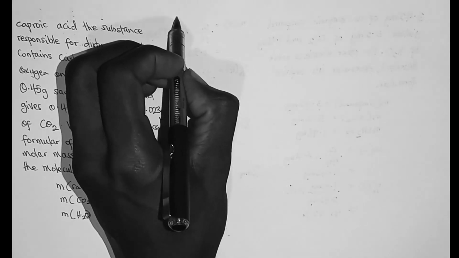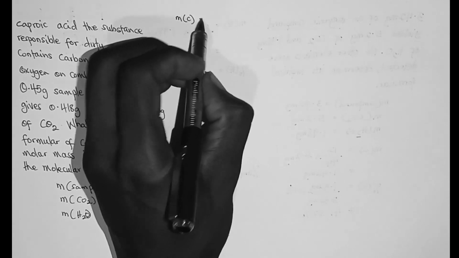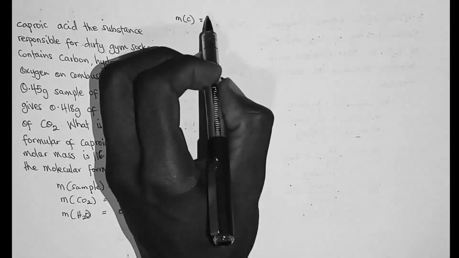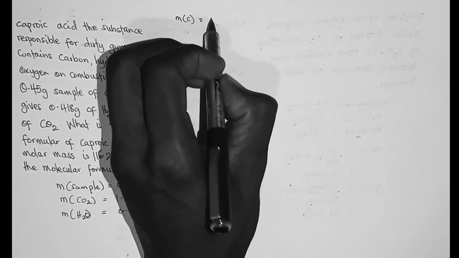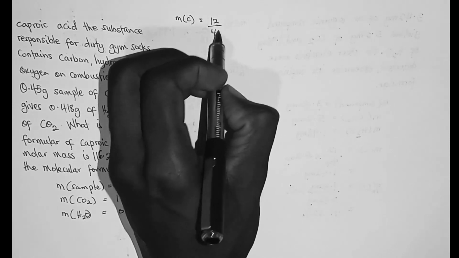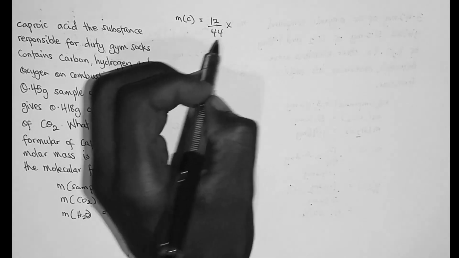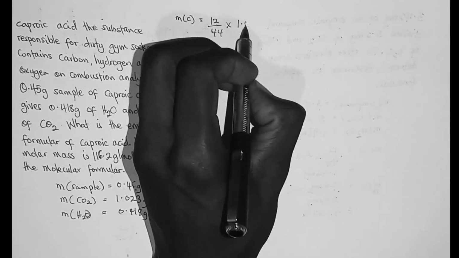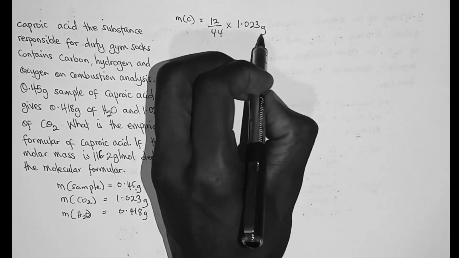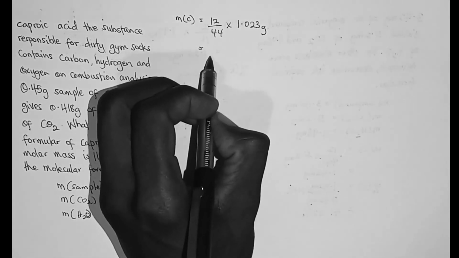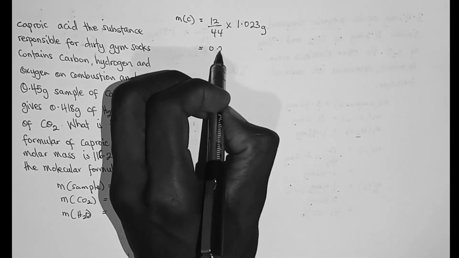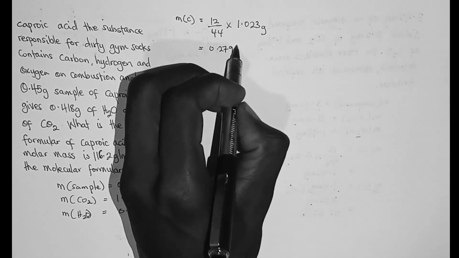So what we will do is that we need to find the mass of carbon present, and that is equal to the atomic mass of carbon divided by the molar mass of carbon dioxide times the mass of carbon dioxide that was obtained, and in this case it is 1.023 grams. So this is equal to 0.279 grams.